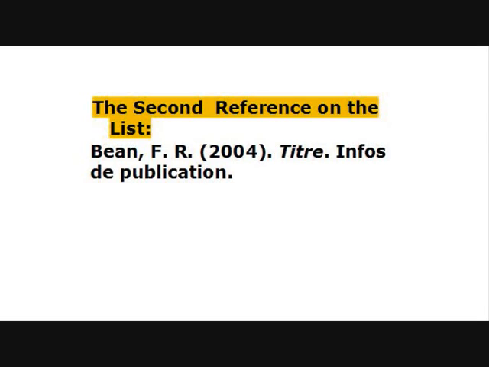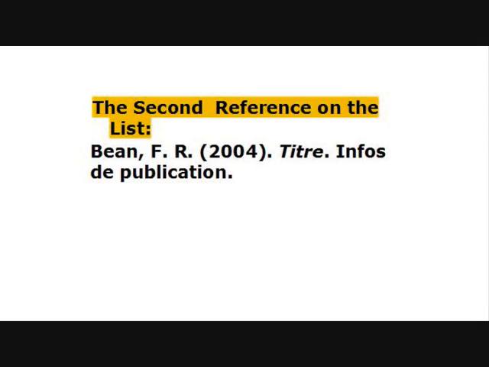So the family name of the author should be followed by a comma, and then F is the first name of the author. It should be followed by a full stop, and the second first name starts with R. So you separate first names by a full stop.